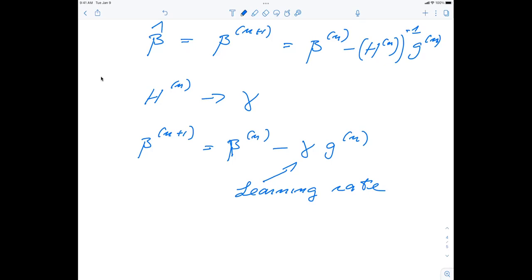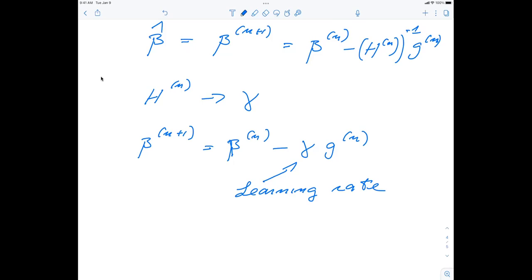Like in this cancer case, which we saw before the break, you would have 30 features, which means your Hessian matrix would have dimensionality 30 times 30. So every time you do an iteration, you would have to invert a 30 by 30 matrix evaluated at the value beta of n. And this is something you want to avoid. So this is one of the new parameters we are going to play around with.